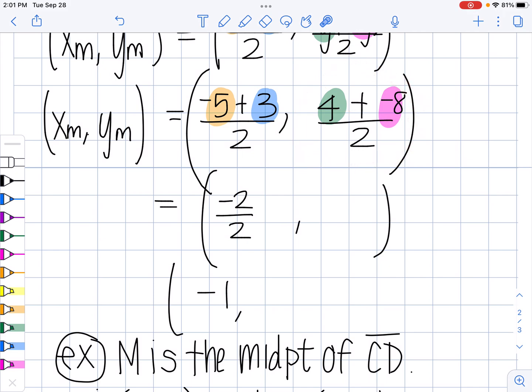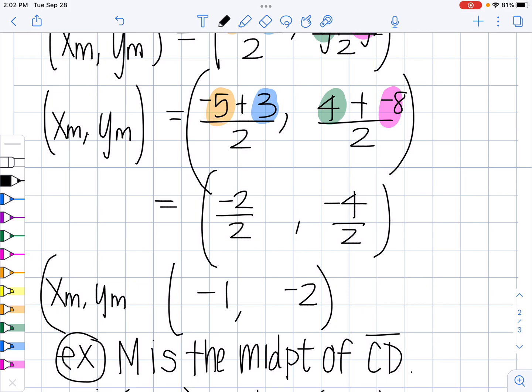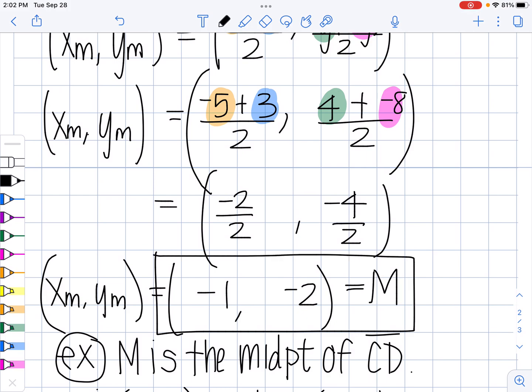Positive 4 plus -8 gives me -4, divided by 2, and -4 divided by 2 is -2. So my midpoint is equal to (-1, -2), which we call point M. So there's my answer for my first problem.